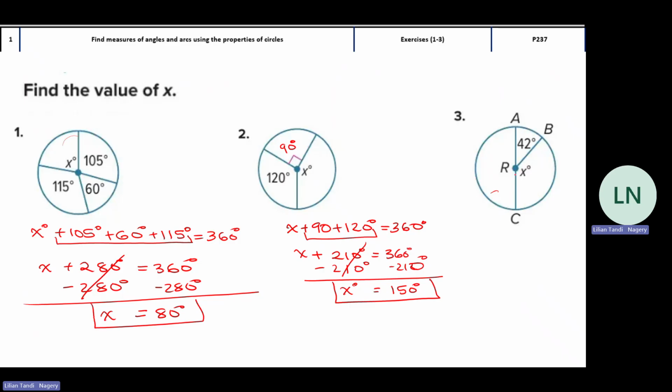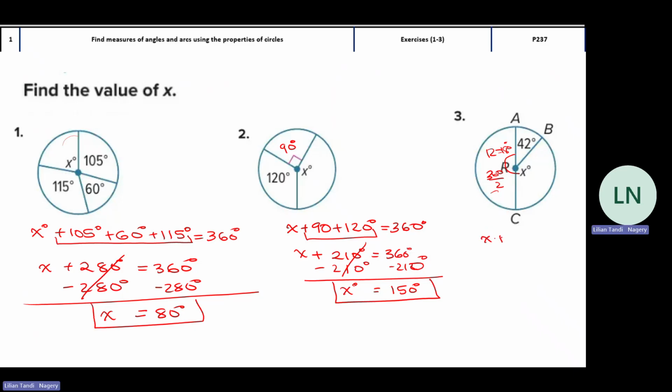Okay, now we have three angles. This angle here, because it is a straight line and because it cuts your circle into two equal parts, 360 divided by 2, becomes 180. So that's how I know angle R equals 180 degrees, okay? So now what will we write?